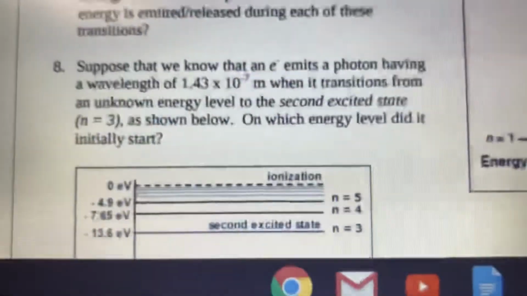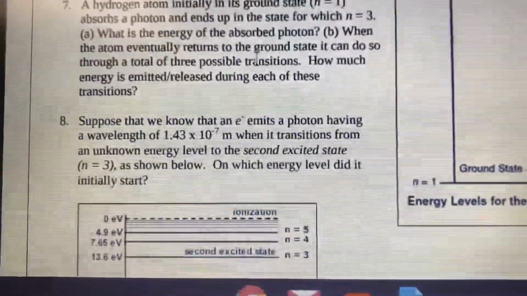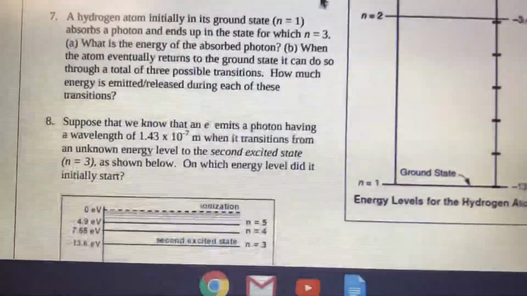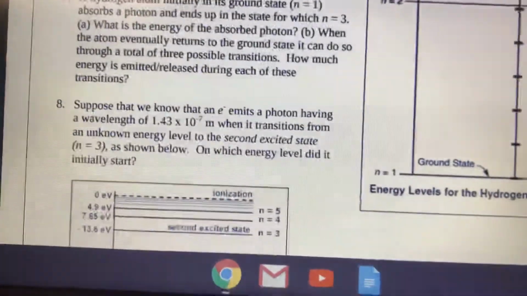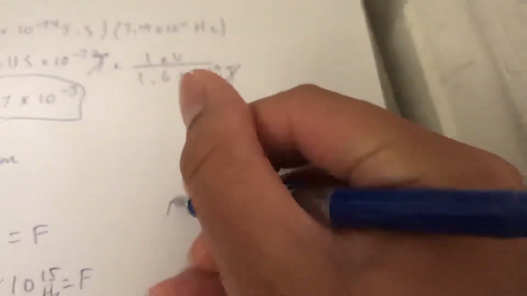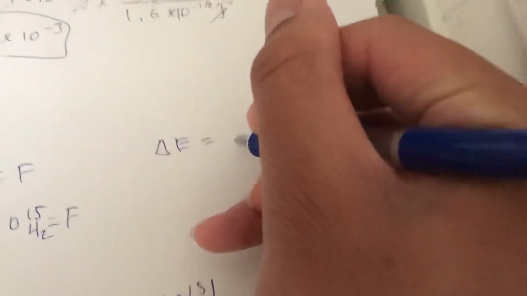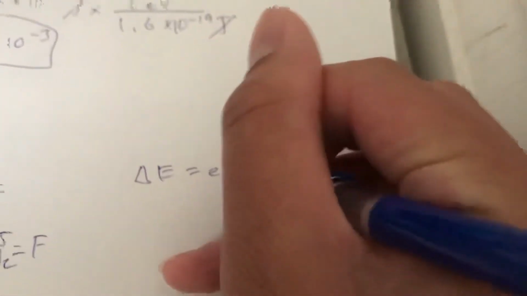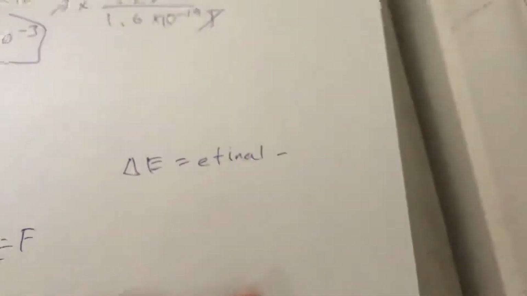However, this explains the transition, as the photon has a wavelength of 1.43 times 10 to the negative 7 when it transitions from an unknown energy level. So we know that this is delta E, and delta E is equal to E final minus E initial.